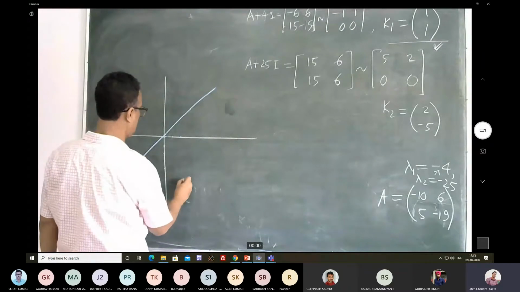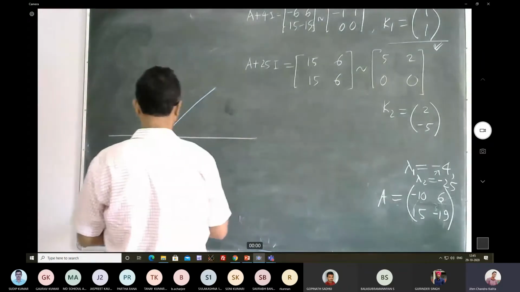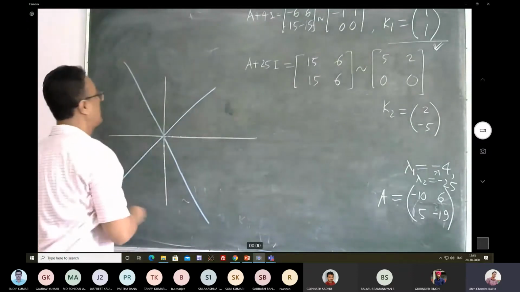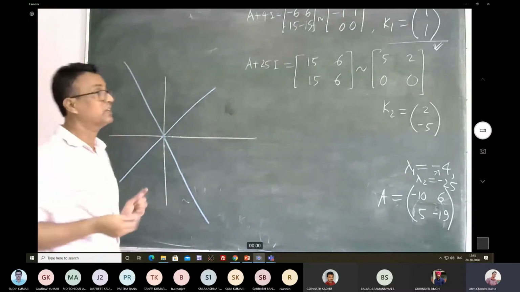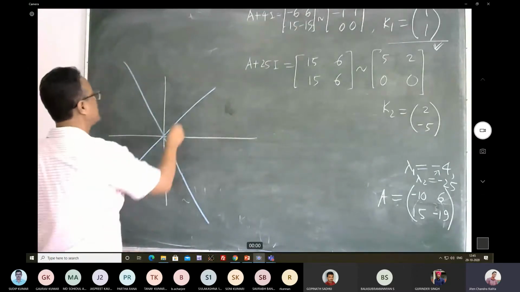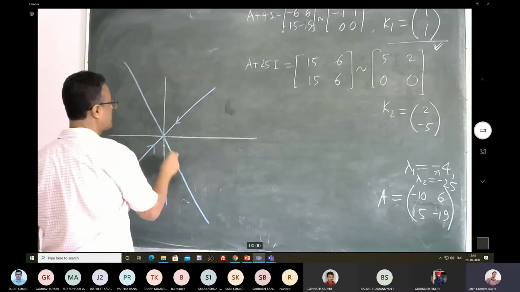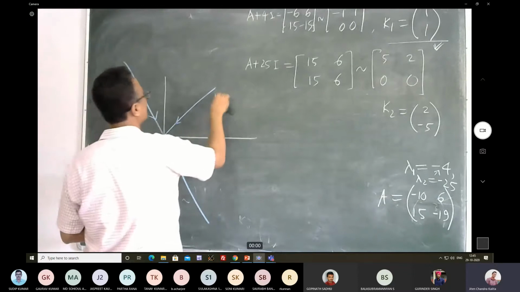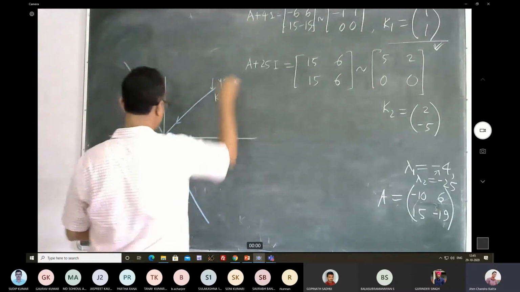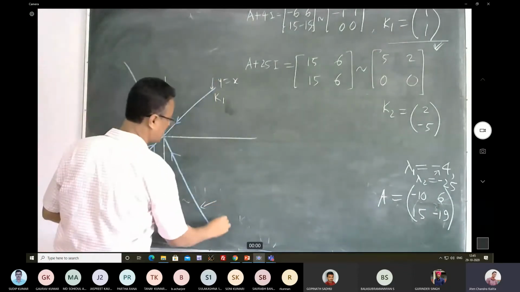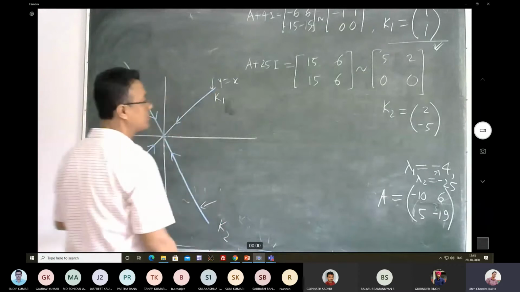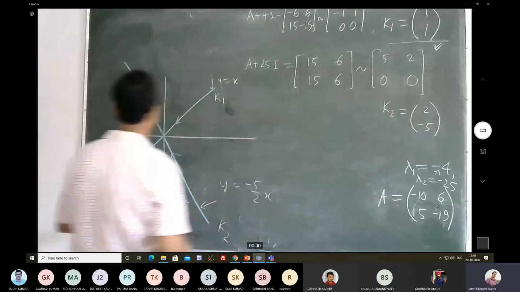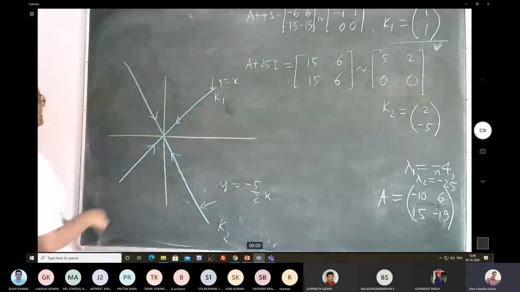It will be somewhere here. I'm going to have something like this, right? And you know that because both the eigenvalues are negative, I am going to have something like this. So this is K1. This is simply y equal to x, and this is K2. This is simply y equal to 5 by 2 x.